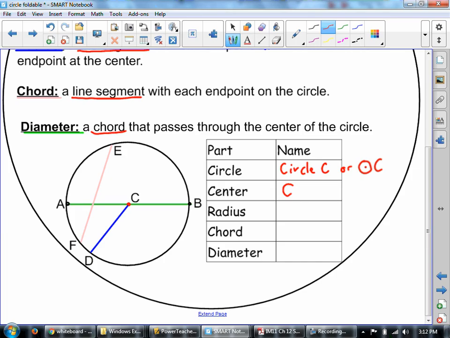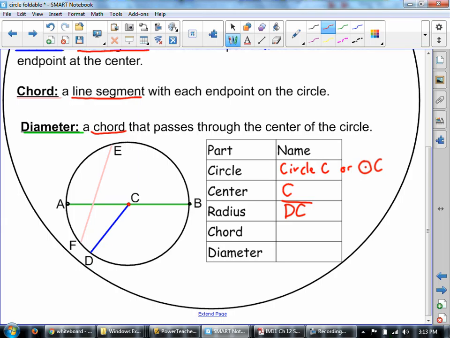We're just going to call it point C, capital letter to name a point. A radius in a drawing. Remember, a radius is a line segment with one point on the circle and one point at the center. So there's several different options here. I'm going to only name one of them, and we're going to name it DC. Now, since it is a line segment, I'm going to put the line segment symbol above it. A chord.